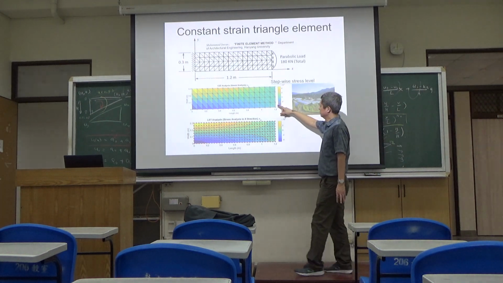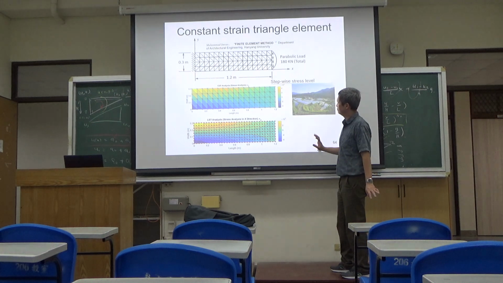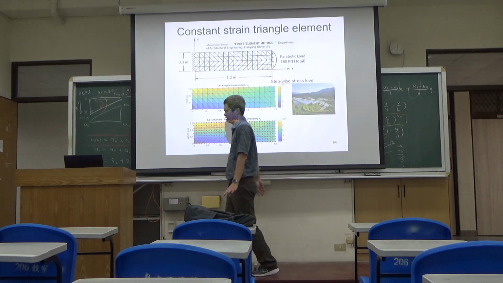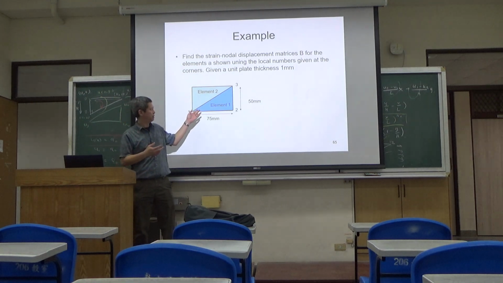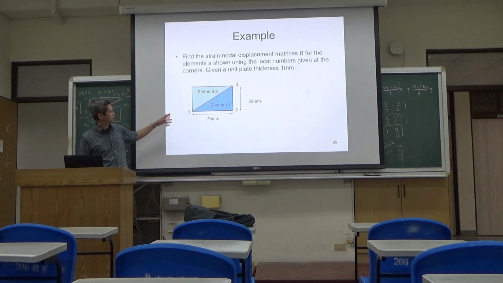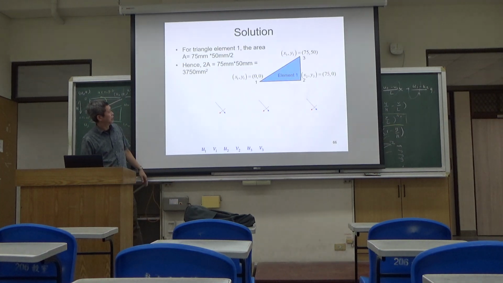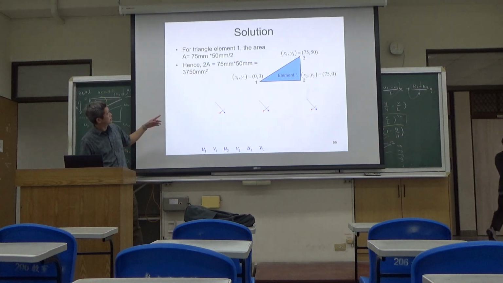Every element is subjected to one constant strain. How are you going to solve it? I think it's quite difficult. But what you can do is go element by element, step by step. Take this for example. How do you find the matrix here?